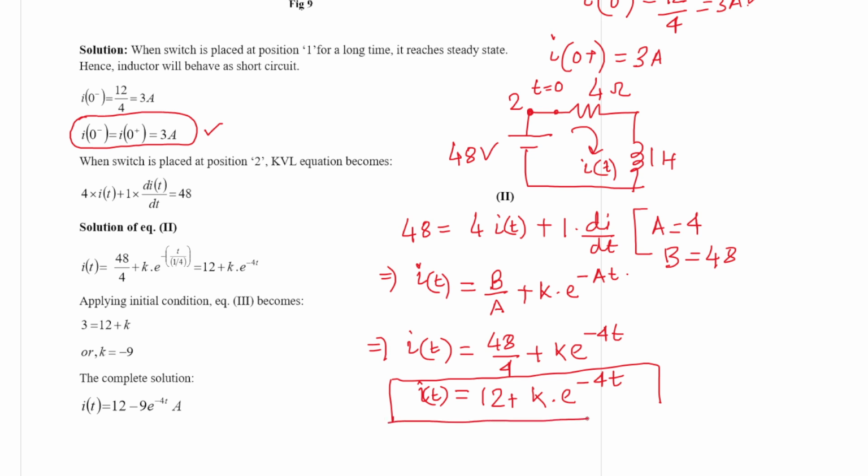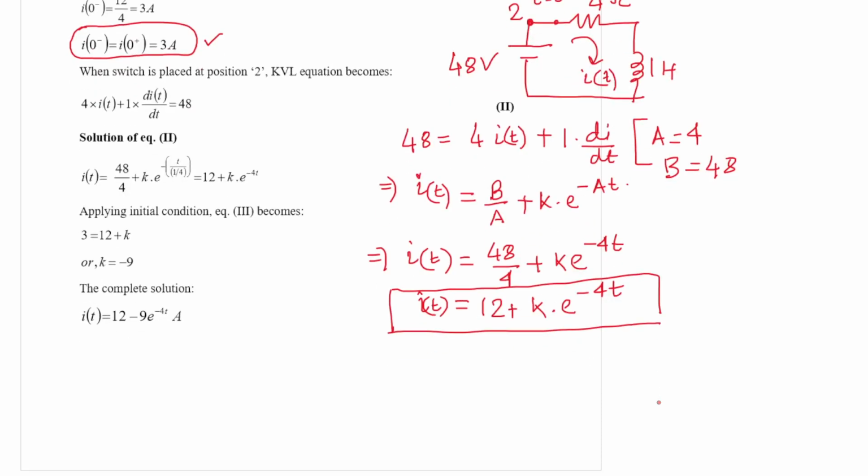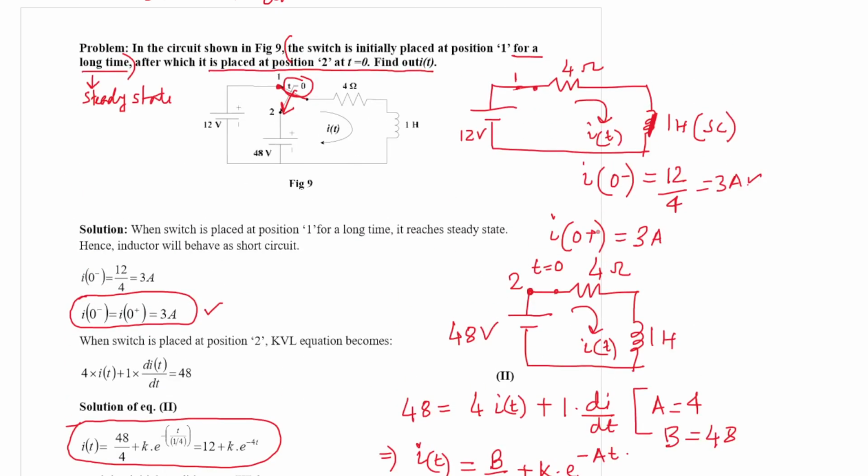Now you need to evaluate k. For that, we have solved i(t) is equal to 12 plus k e to the power minus 4t. Now using the initial condition at t is equal to 0 plus, I0 plus is equal to 3 ampere.